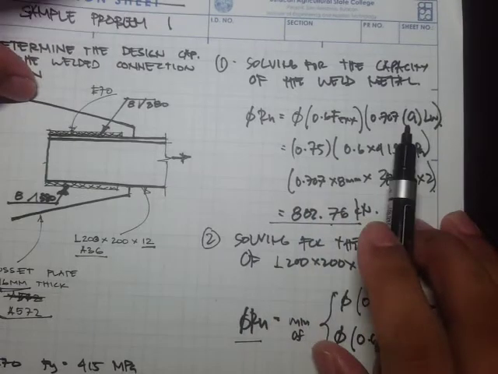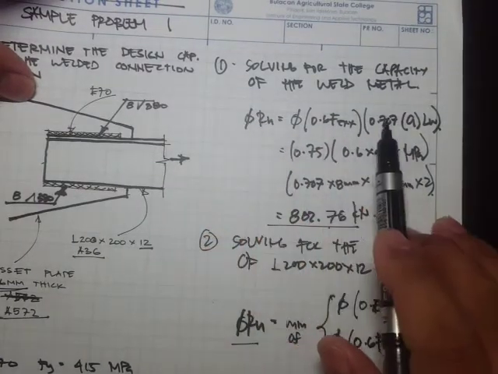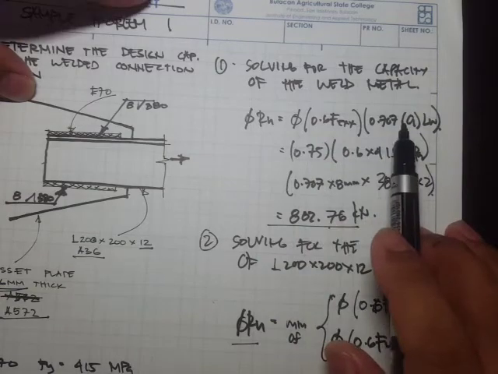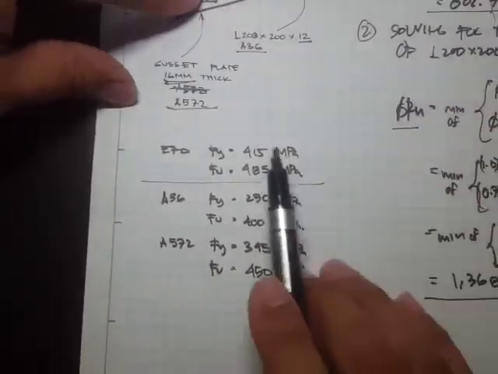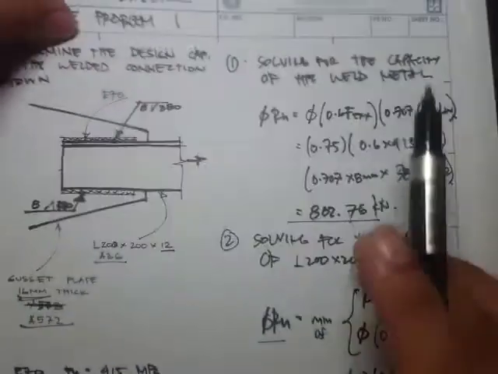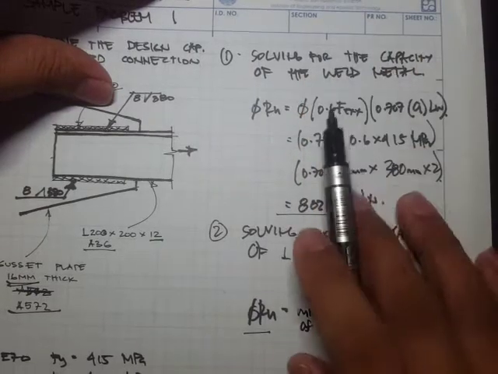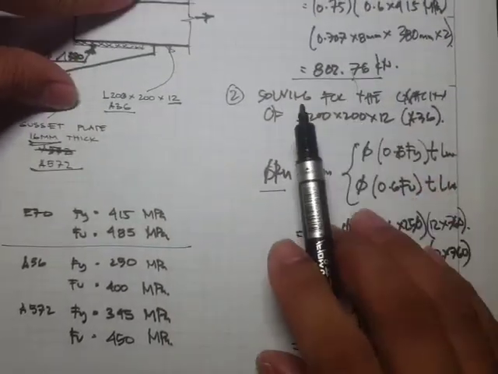We apply the equation. We consulted the appropriate tables for that. If, of course, this data is not given, then you have to find it. Okay, and we get a value of 802.76 kilonewton.